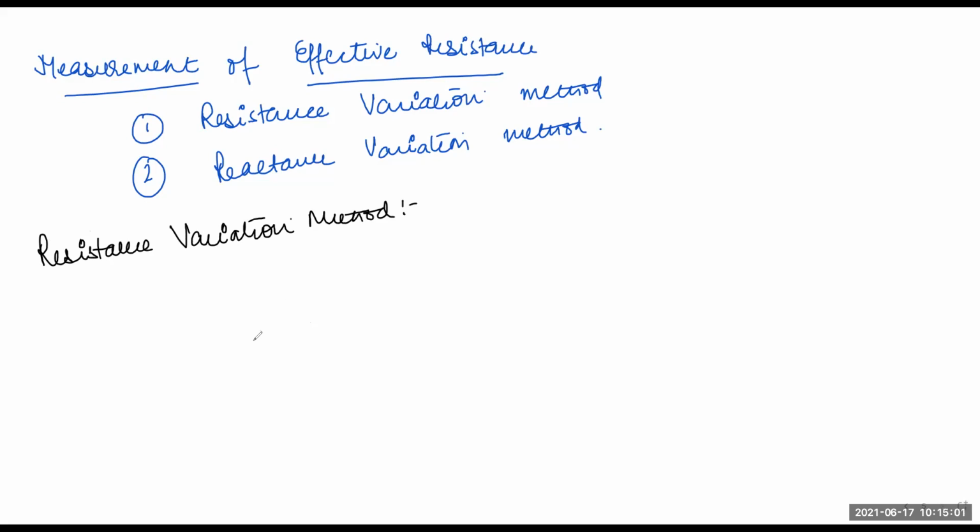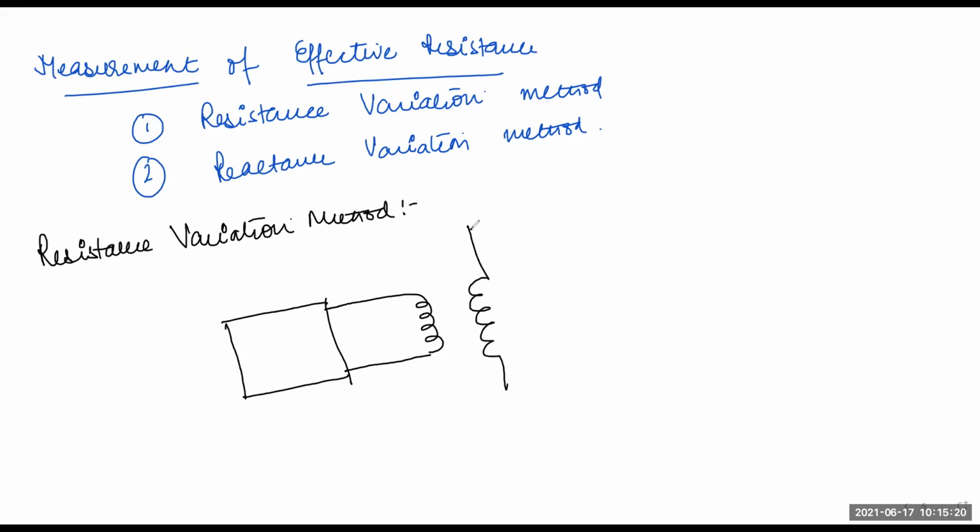Similarly, all the pictures will have a similar pattern. First of all, you have an oscillator, and with the oscillator you connect the output coil. Then you have another coil, and with this a resistance and a capacitor connected. Then you have a meter, that is VTM or TVM.